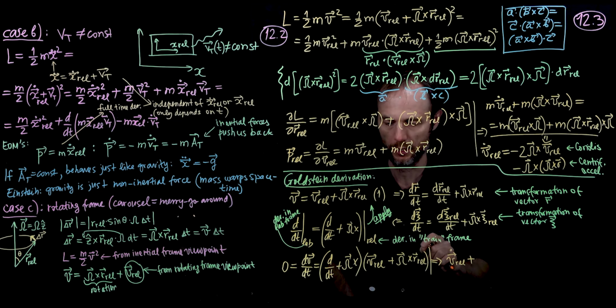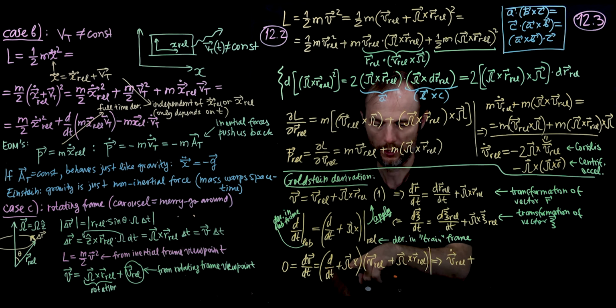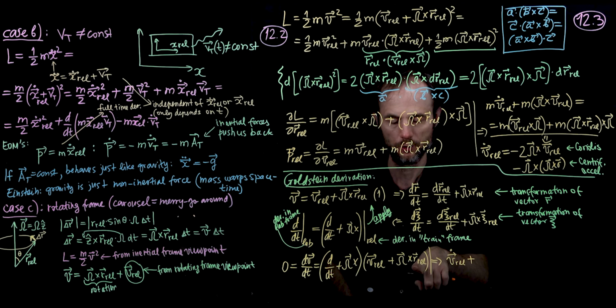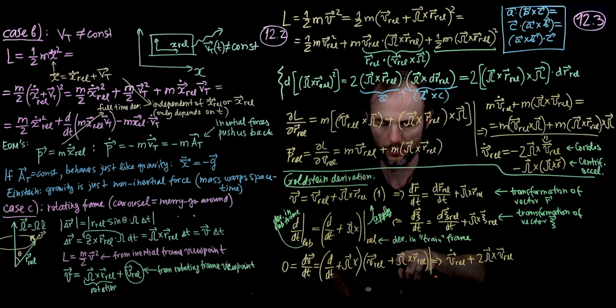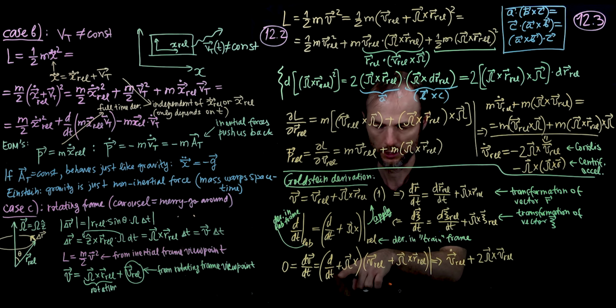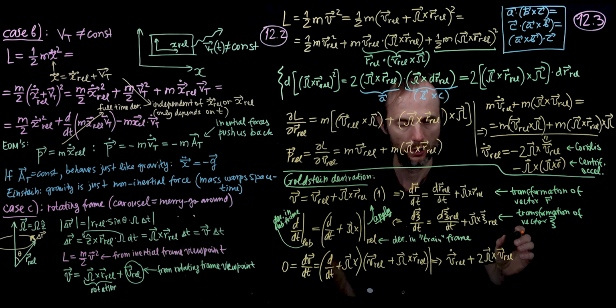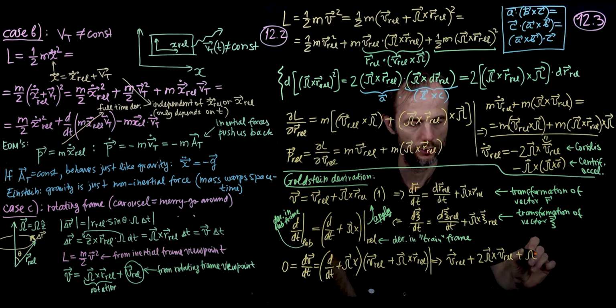Then we will have term omega times v_rel, and d/dt applied to this term will give us exactly the same term. So we will have 2 omega cross v_rel, and then there will be term omega cross omega cross r_rel. So there will be term like that.